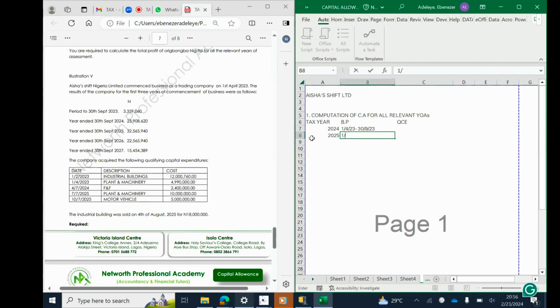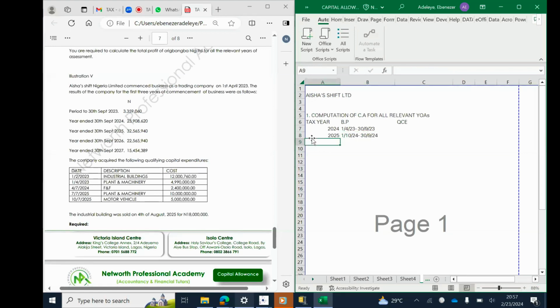What will it be now? Someone should unmute and let me know. 1st of when? Oh, 1st of October, thank you. 1st of October 2023 to 30th September 2024. Sorry, it's 24, not 23.